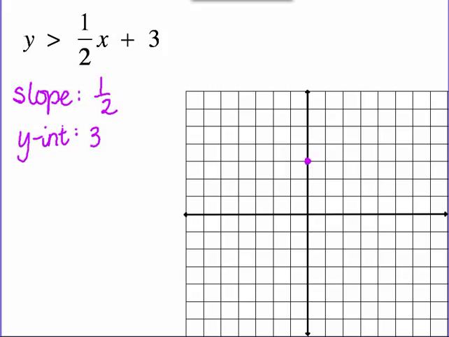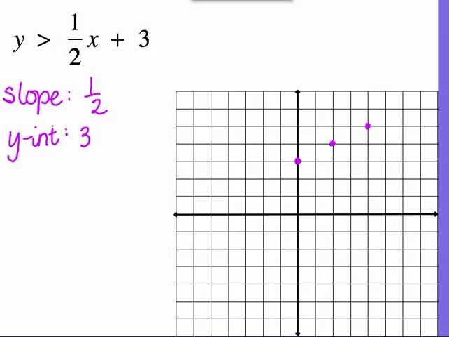A slope of 1/2 means you do what? Up 1 over 2. Now, what type of line am I going to use here? A dashed line. So let's go ahead and put a dashed line in.